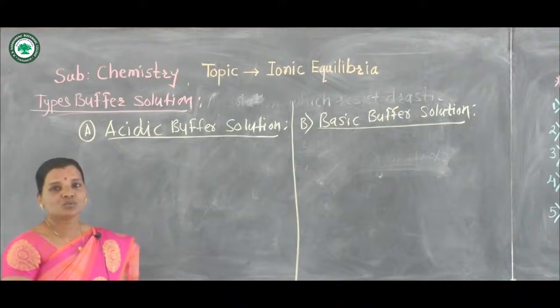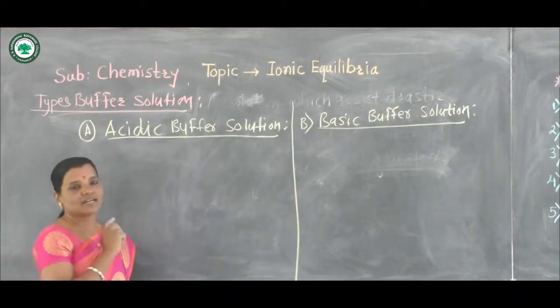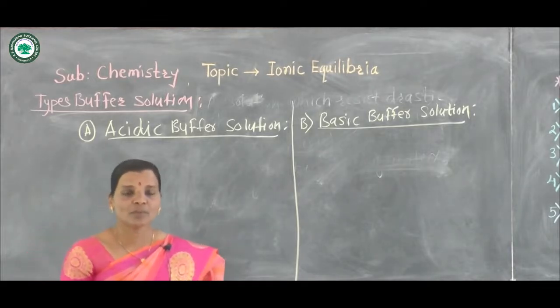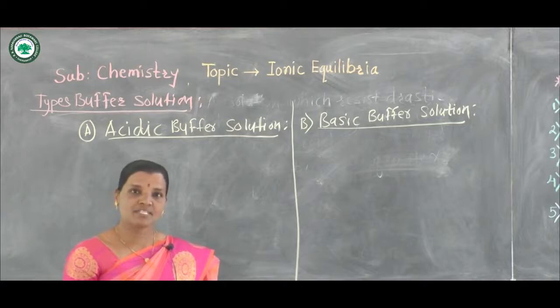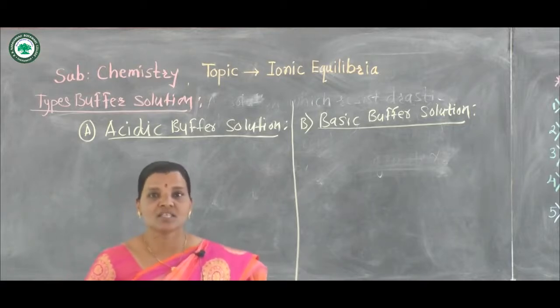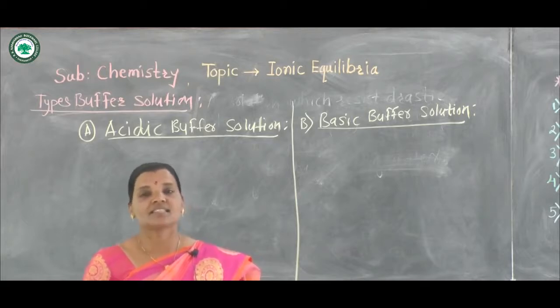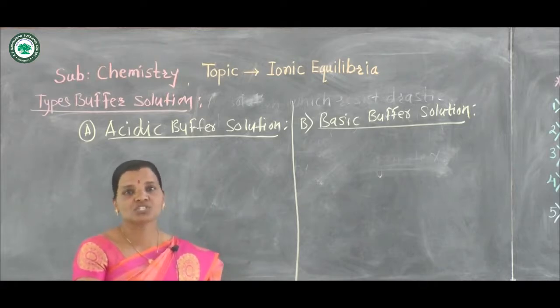First one is acidic buffer solution and second one is basic buffer solution. Now, what is the property of acidic buffer solution? Acidic buffer solution maintains acidic pH of the solution. That means the pH remains below 7. Acidic property of that solution remains as it is. That type of solutions are called as acidic buffer solution.